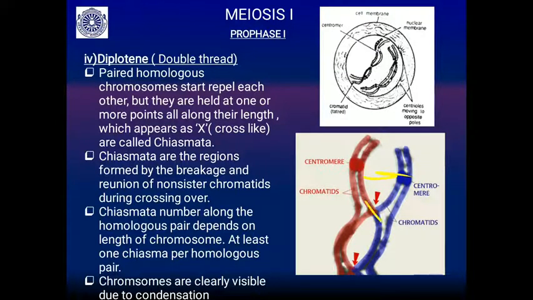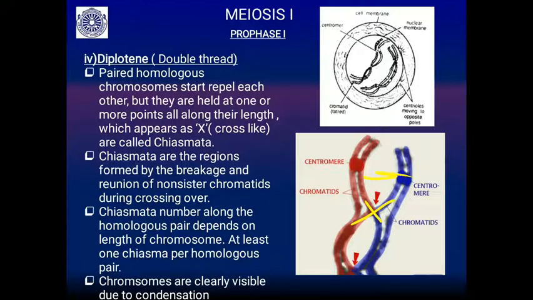It appears X-like, and this is called the chiasmata, the cross-like structure. The chiasmata are the regions formed by the breakage and reunion of non-sister chromatids. These regions show where the chromatid segments got exchanged between the homologous pair.